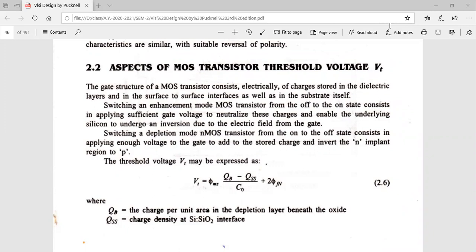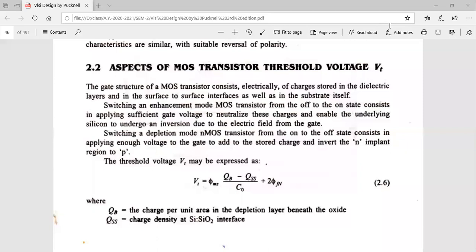We have to neutralize them with the help of gate voltage. Now, if it's a depletion mode NMOS transistor and you want to switch it from on to off, we have to apply enough voltage to the gate to overcome the stored charge and invert the N implant region to P type.